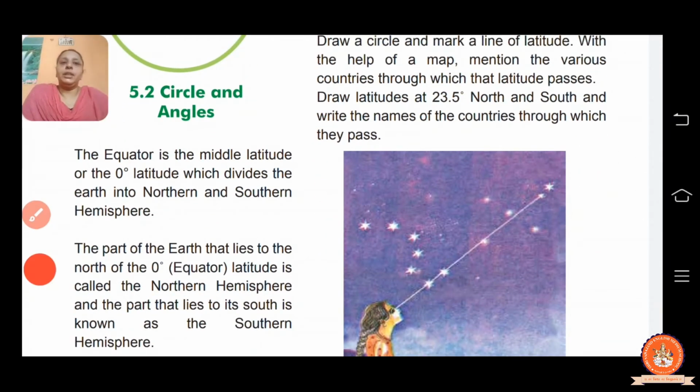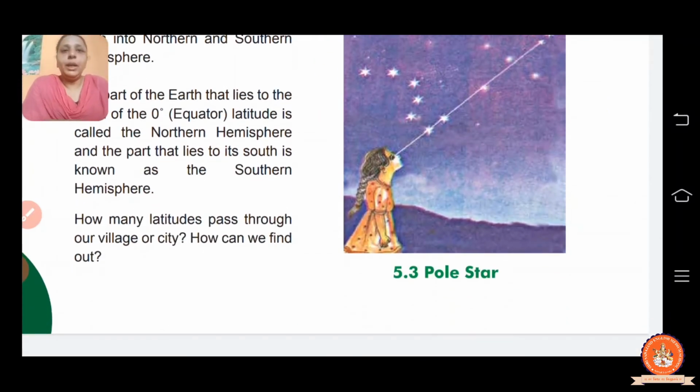The part of the earth lying to the north of the zero equator, meaning in the middle the equator is at 0 degrees, is called the north hemisphere, and the part lying to the south is known as the south hemisphere. Means the part above 0 degrees is called the north hemisphere and the part below is called the south hemisphere. Okay.